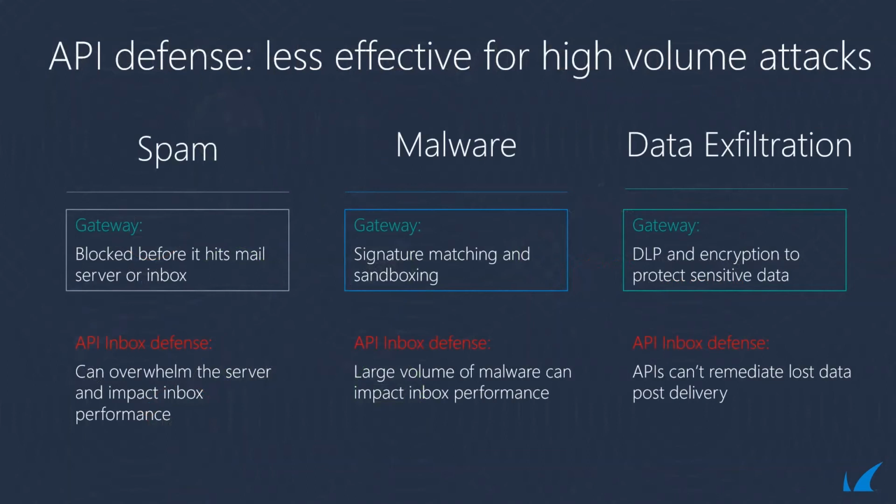An API defense is not effective against high volume attacks because it's going to be easily overwhelmed, and therefore everything is going to be allowed to be delivered. So the conclusion is that both gateway and inbox protection are needed, and they need it to be effective as a total email protection approach.